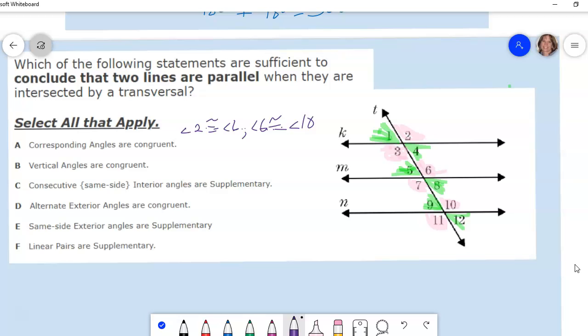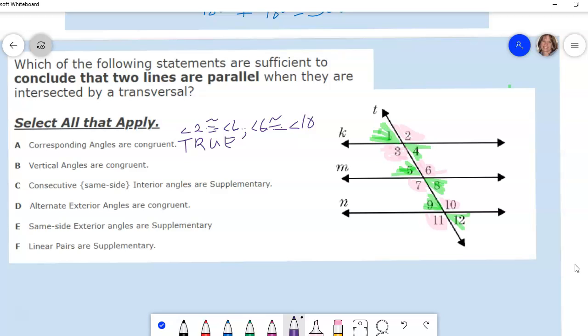Those are all reflective of the property of corresponding angles when we have parallel lines cut by a transversal. And this is the converse of the corresponding angles postulate: if corresponding angles are congruent, then we have parallel lines. So statement A is a true statement.